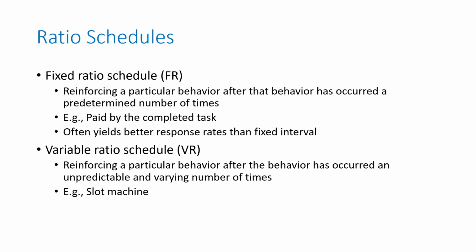And this can often yield better response rates than a fixed interval schedule. But then we could also have a variable ratio schedule, where you receive a reinforcement, but you don't know how many behaviors are needed. The classic example of this is a slot machine, where you put your money in, you pull the lever, and you don't know how many times you need to repeat that behavior before you could possibly receive a cash out reward.